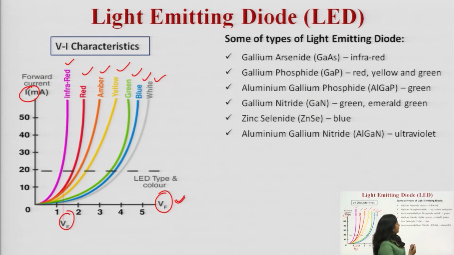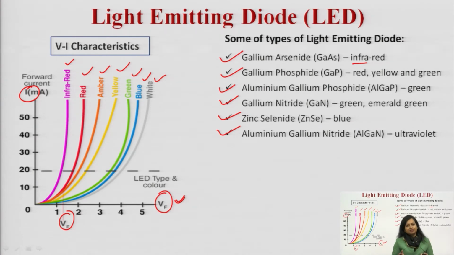You can see over here, I have listed some of the compound semiconductors and the color emitted by the LED. If gallium arsenide is used for the manufacturing of an LED, then it emits infrared. If gallium phosphide, then red, yellow and green color. Aluminium gallium phosphide, green color. Gallium nitride, green. Zinc selenide, blue, and aluminium gallium nitride, ultraviolet color.